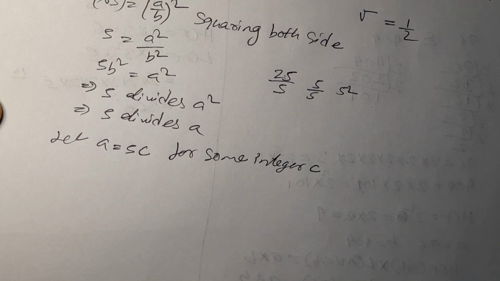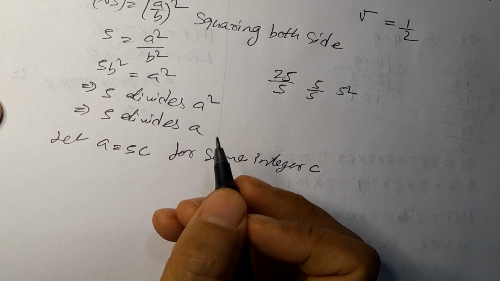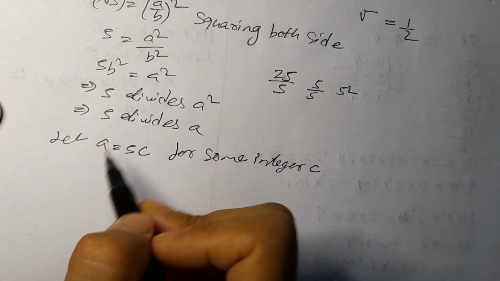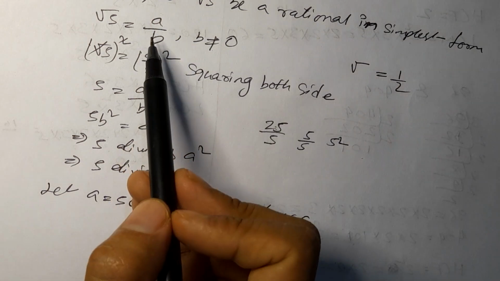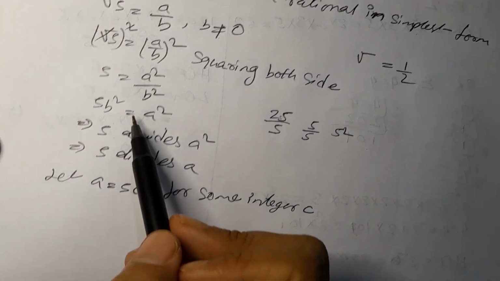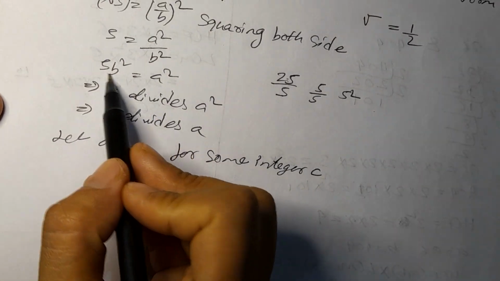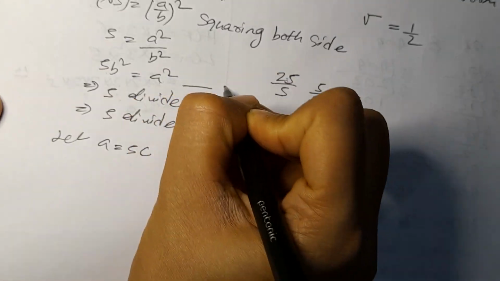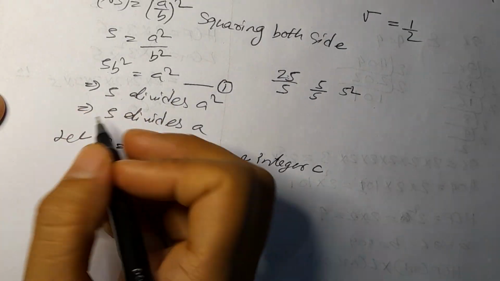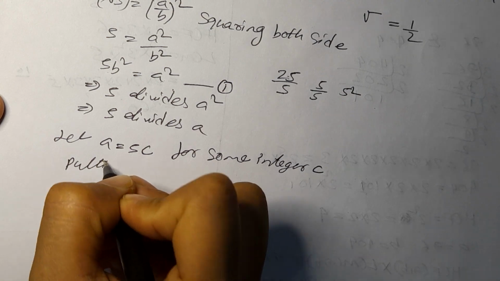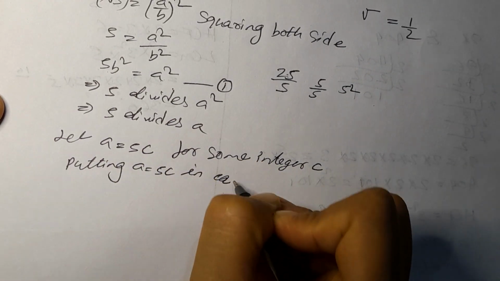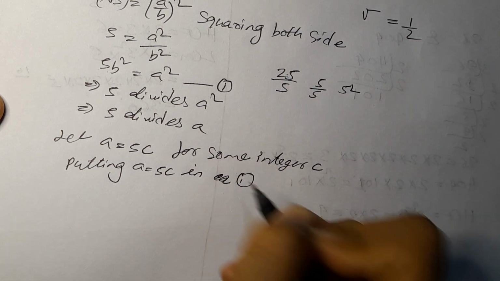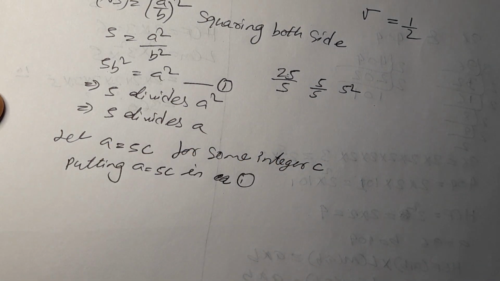So now in place of a, write 5c, in this equation, right. Take it as equation 1. So substituting a equal to 5c in equation 1, replace the a by 5c.